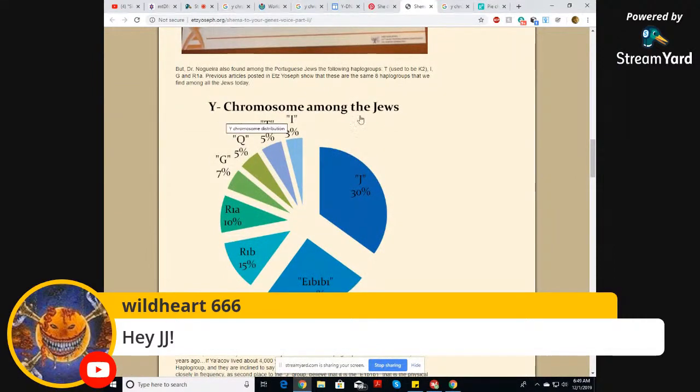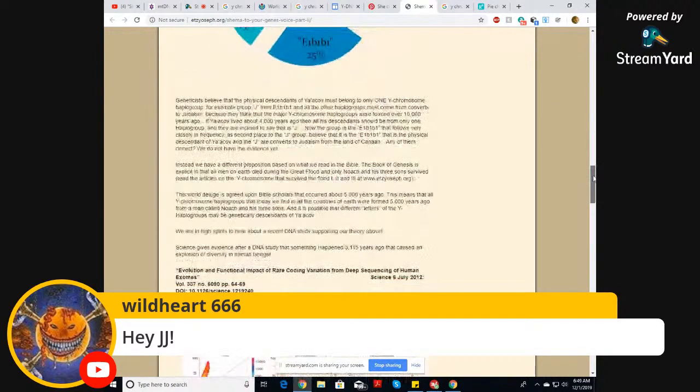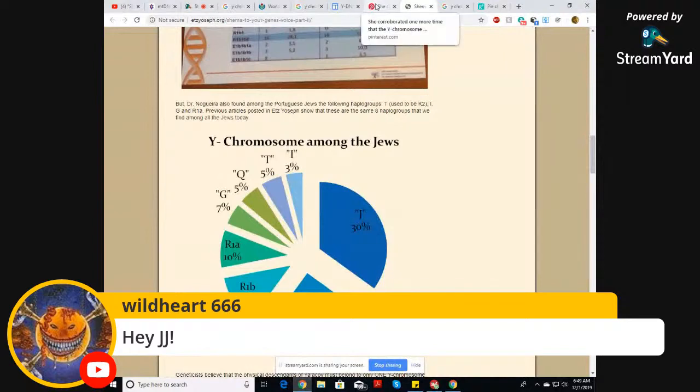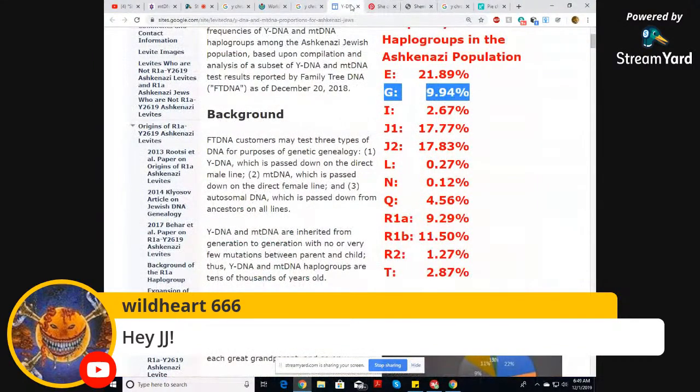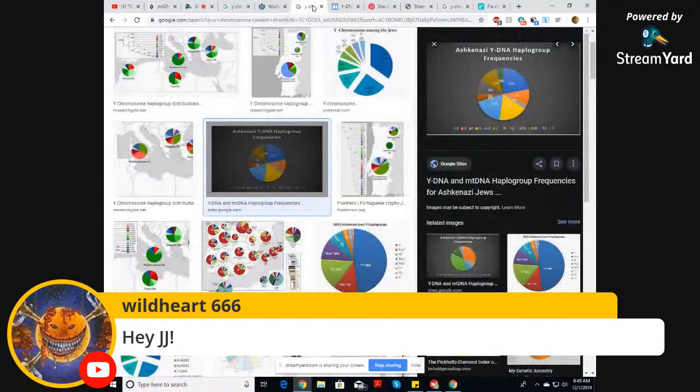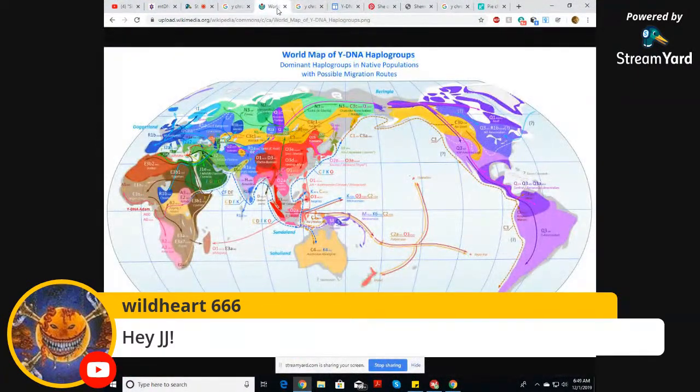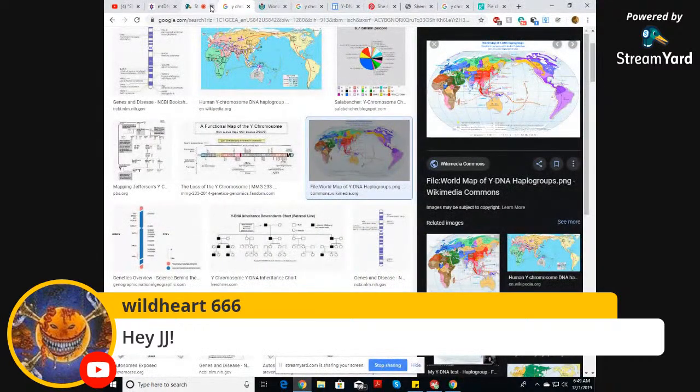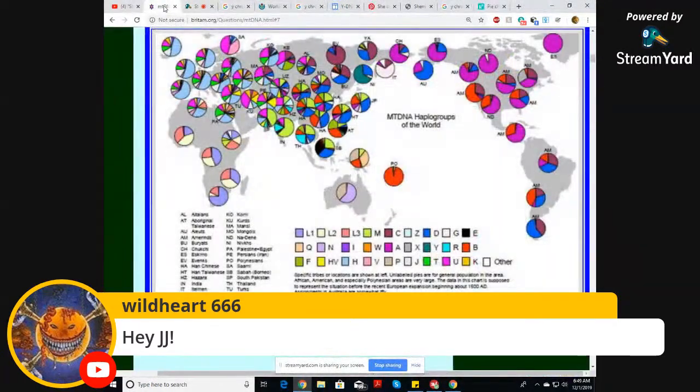This is the Y chromosome, which is a good chart, detailed chart. Anyway, I confused myself.